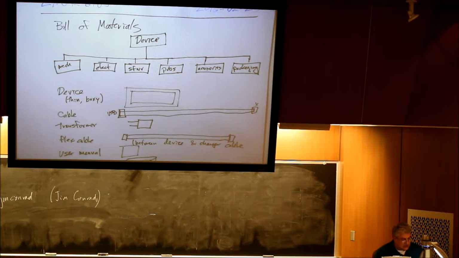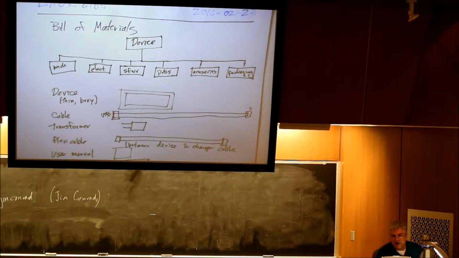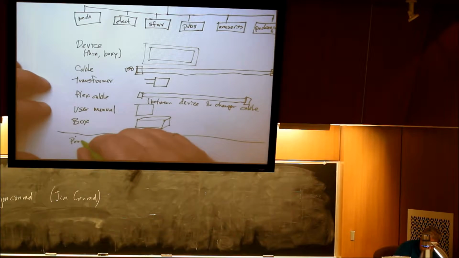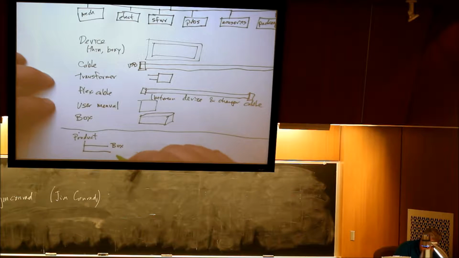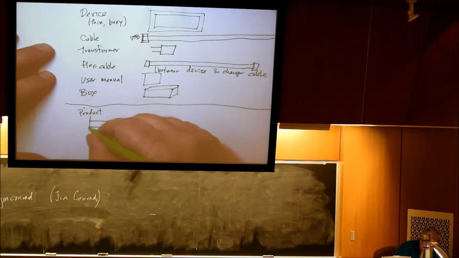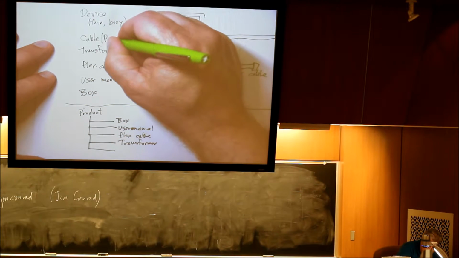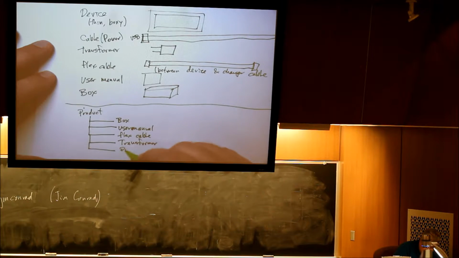And so if we were to take a look at your typical roll-up of any device, we have our product, which will consist of the box, will consist of the user manual, will consist of the flex cable, which will consist of the transformer, I say cable, I'll call this power cable, and then the device itself.